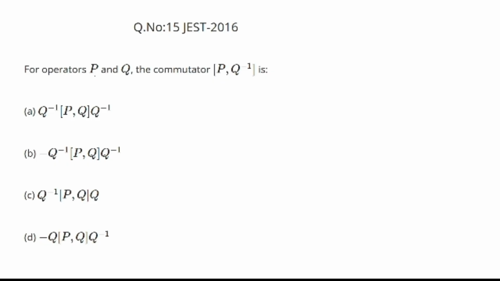Next, two operators are given, p and q. We have to find this commutator. To find this commutator, we have to check it with the help of the options. So let's start from option A, q inverse commutator of pq.